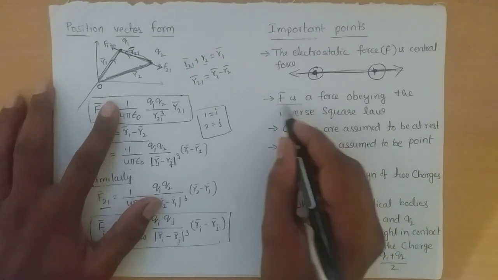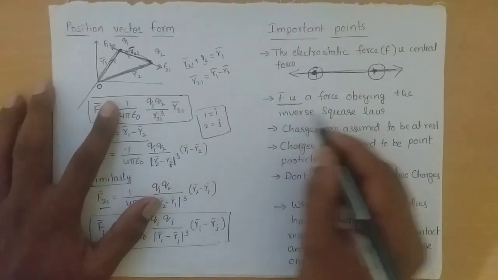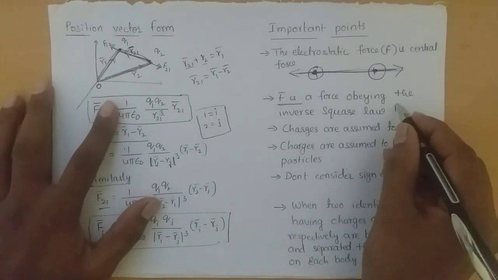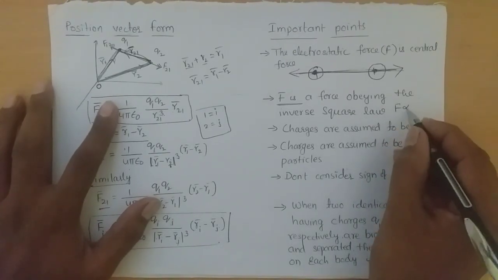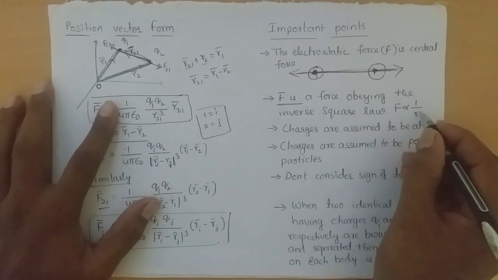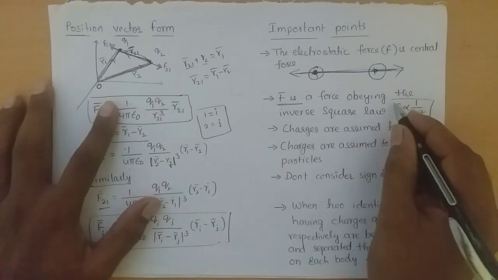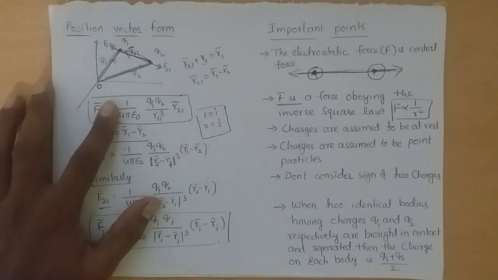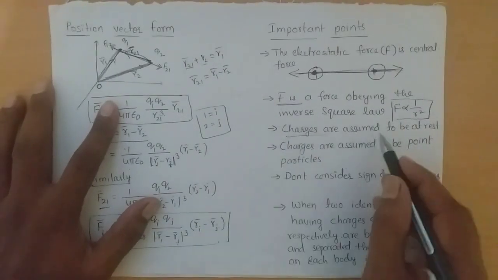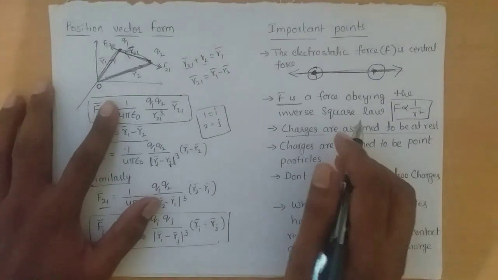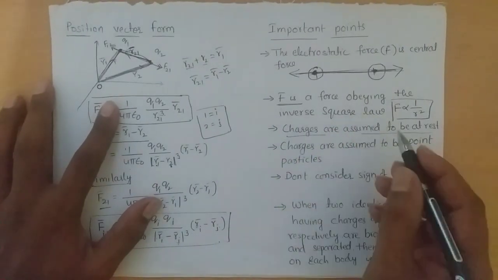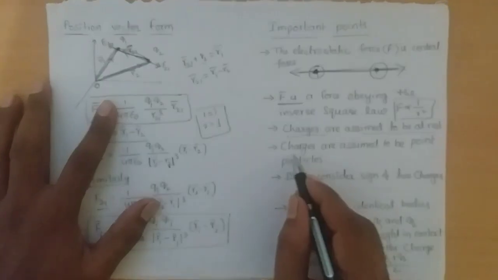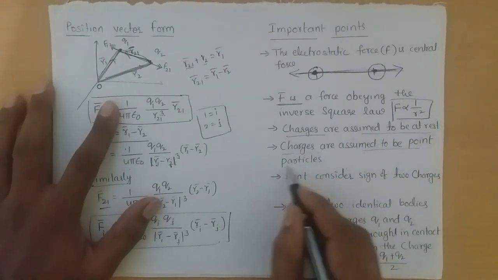Next, the electrostatic force obeys the inverse square law. Already we discussed that the electrostatic force between two charges is inversely proportional to the square of the distance between them. Next, charges are assumed to be at rest, so whenever we apply Coulomb's law, assume that the charges are at rest. Next, charges are assumed to be point particles.